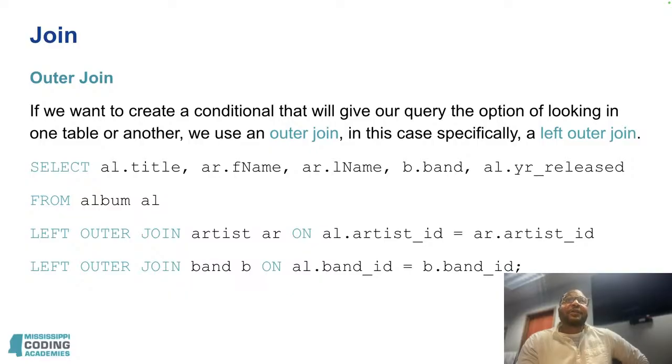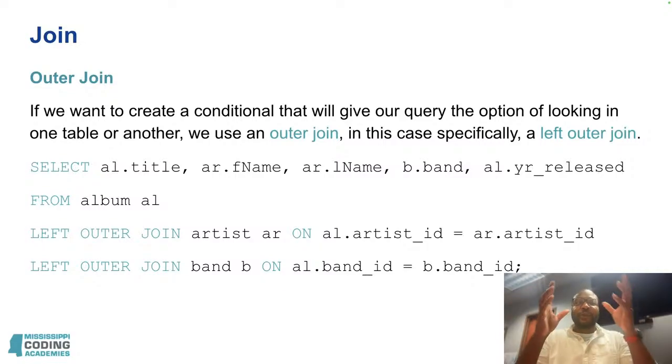Here is where we're going to use an outer join, specifically a left outer join. What this left outer join does is it's going to take three tables. We'll have the table that we're pulling from, say the album table, and then we have an artist table and we have a band table.